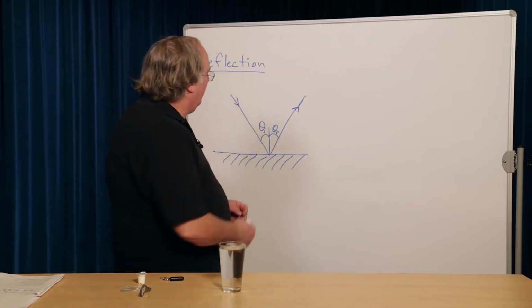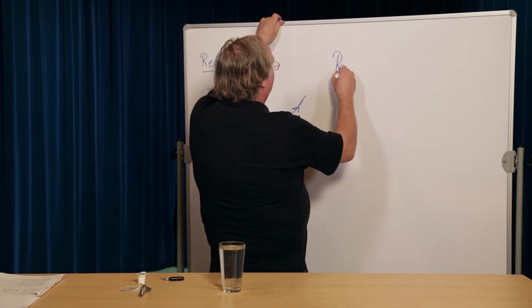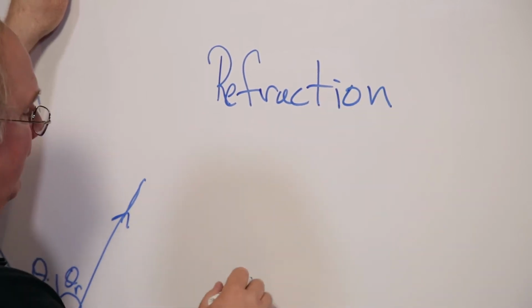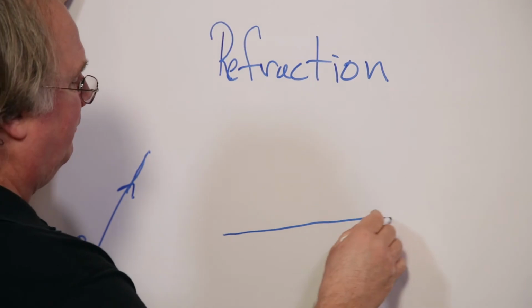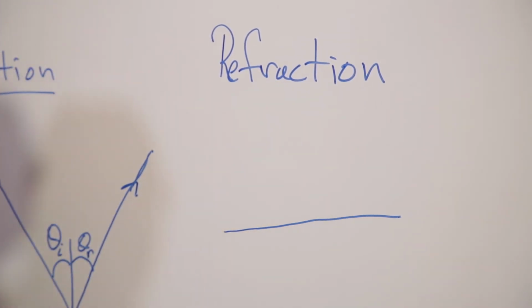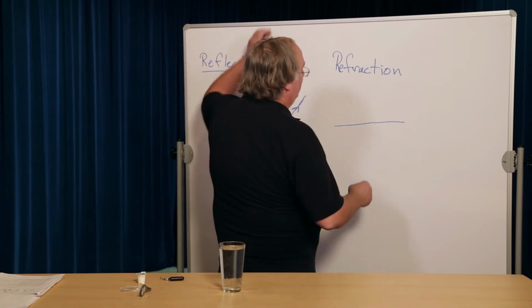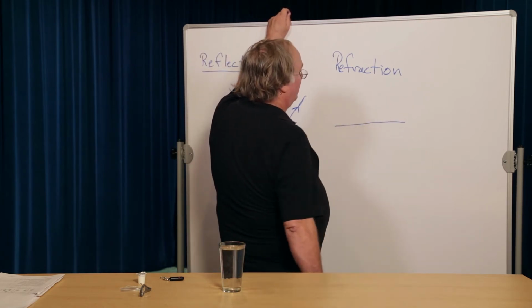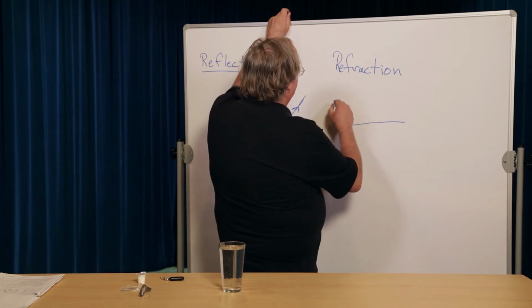The other thing that happens is refraction. With refraction, you have once again a smooth surface, but now we do worry about what goes on underneath. What goes on underneath depends on something called the coefficient of refraction of the two materials.